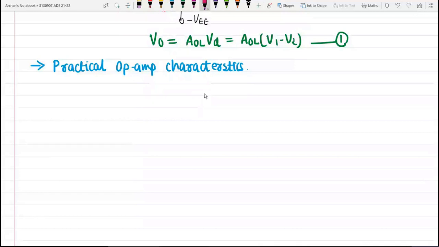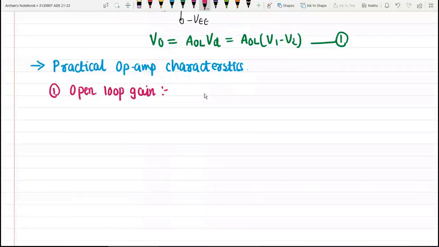First we will start with the open loop gain. It is nothing but the voltage gain of the operational amplifier when no feedback is applied. Practically, the value is several thousands.